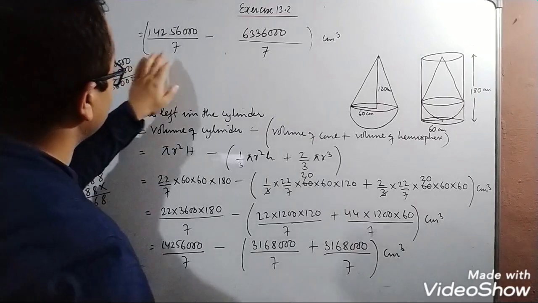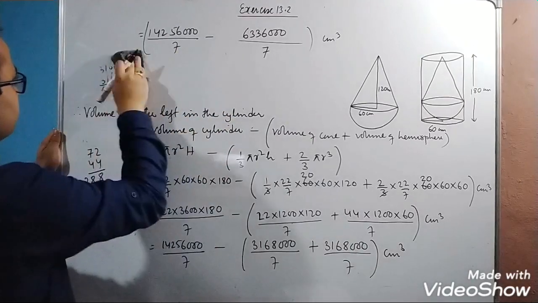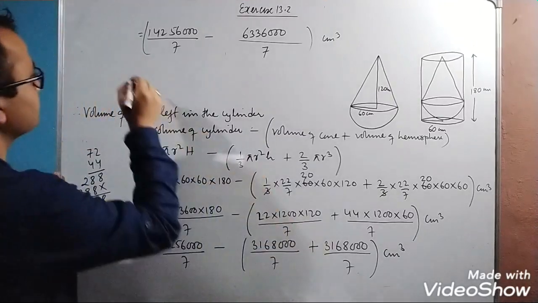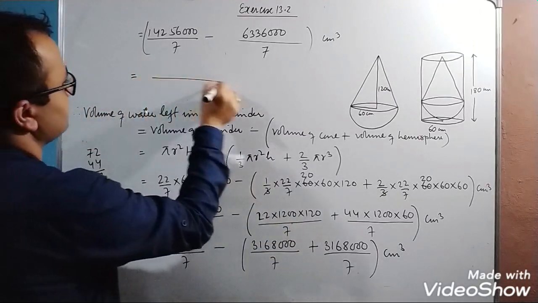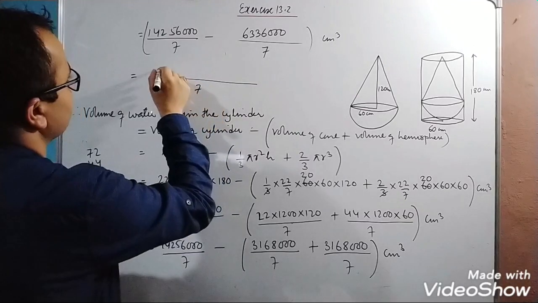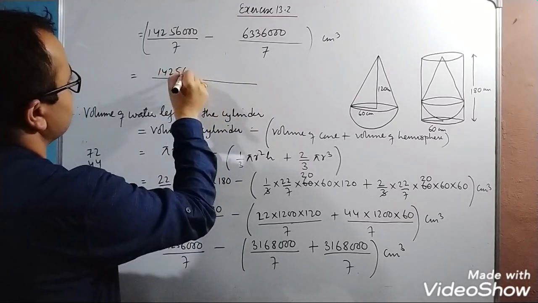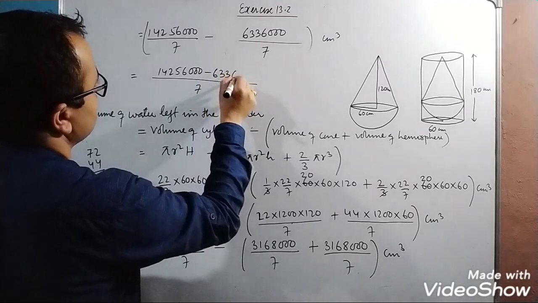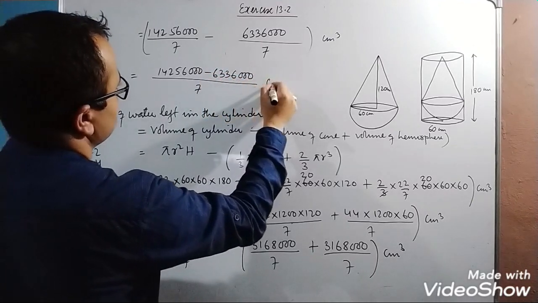Now take again, LCM is 7. 14256 minus 6336 centimeter cube.